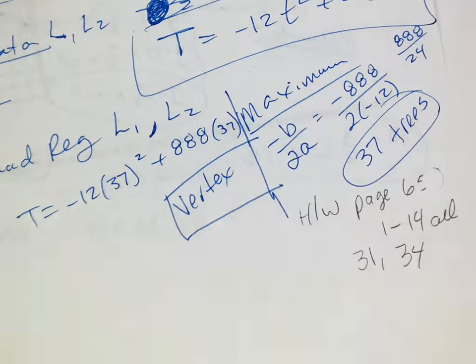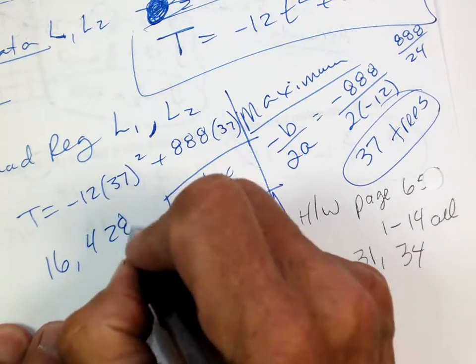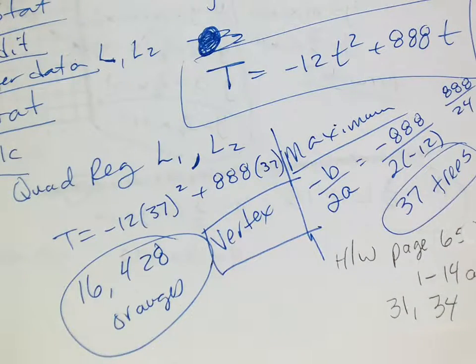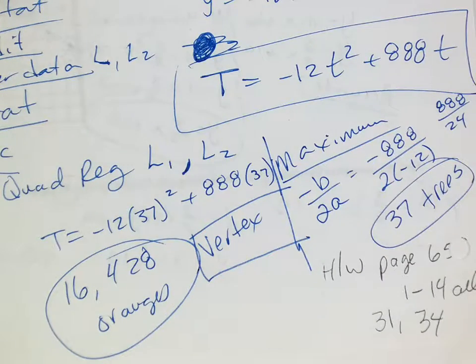And I get an answer of 16,428 oranges. How's that? Okay, so nothing new, is it? It's stuff we've done before. The only difference is, in this chapter, we're going to look at all the graphs that we've done before.